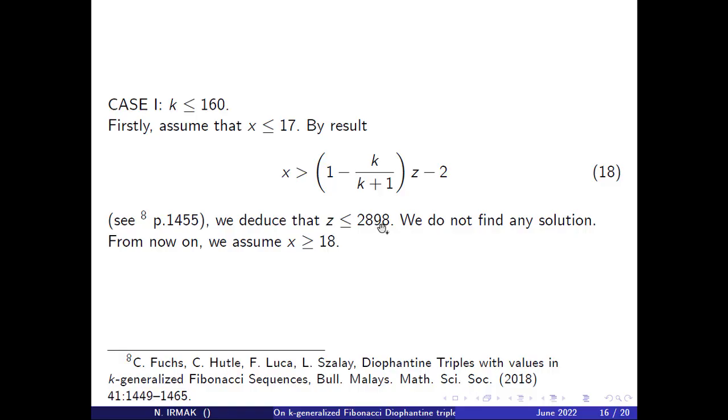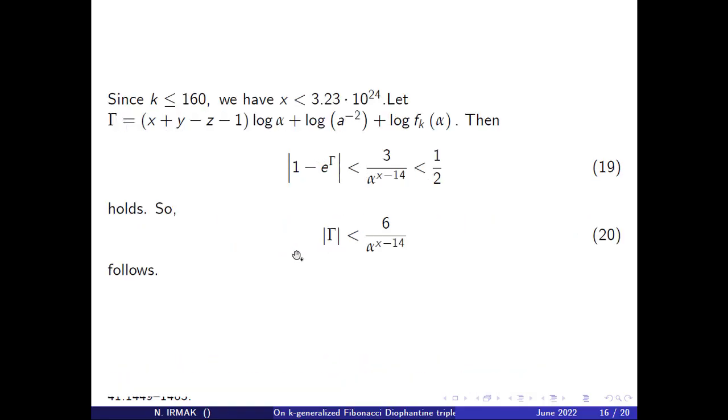So when we use Mathematica to find the solution, we don't find any solution. From now on we assume that x is at least 18. Since k is at most 160, we have that x is less than this number.